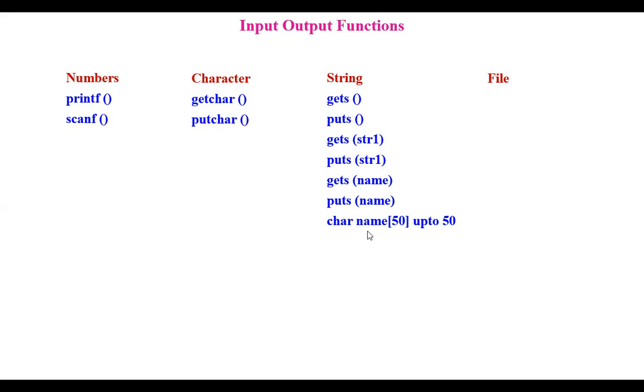We'll understand all this. An array here is something that has letters of 50 in length. So this name is a variable array name, and it can read a maximum of 50. Using this array, it can be used up to 50. Now, fscanf and fprintf are for file functions. So these are all about the input output functions, and we have seen how to put them to use.